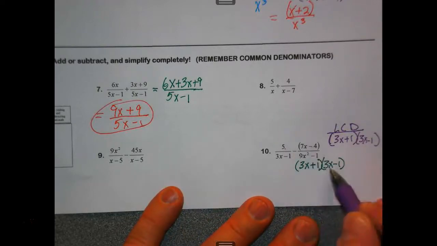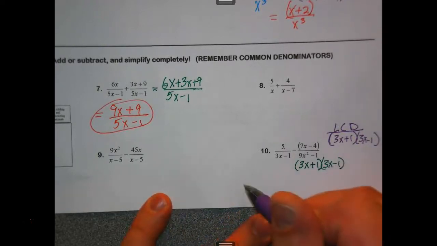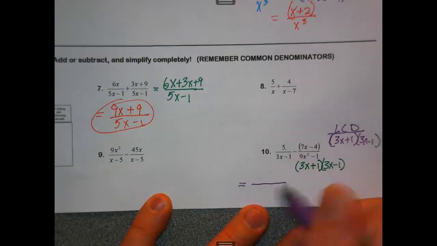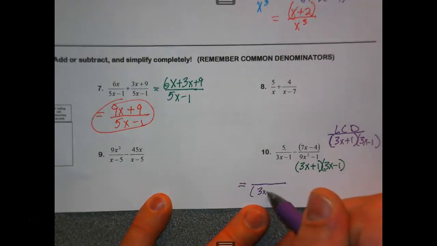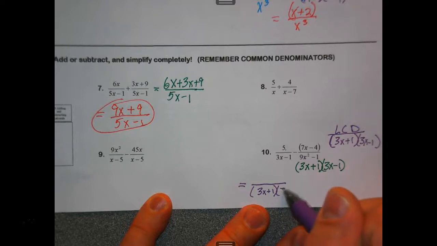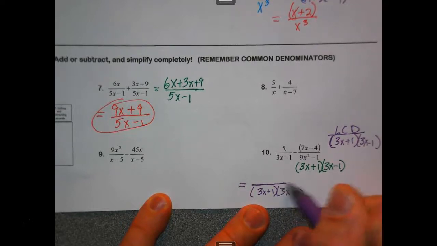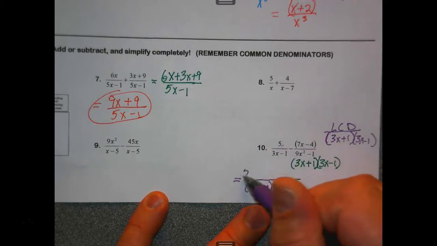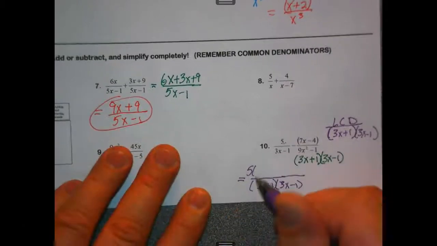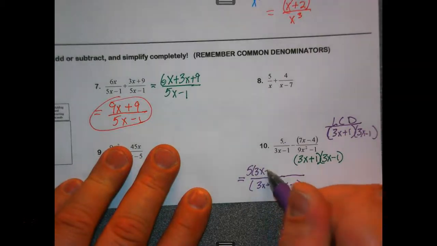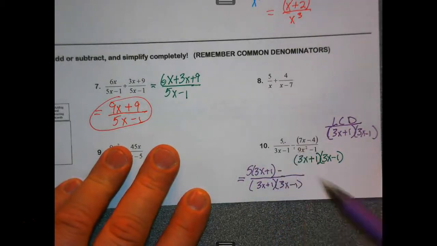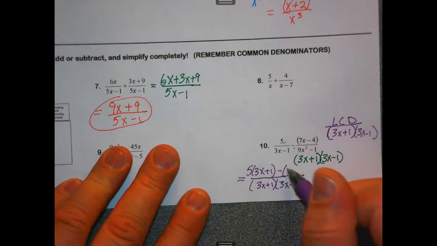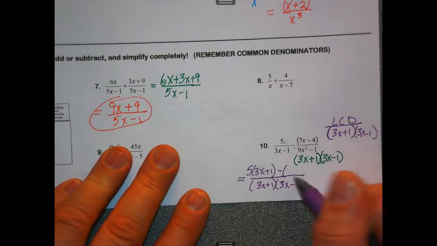Multiply each fraction by the LCD. So 5 times 3x plus 1 minus this one. All of it's going to cancel out, so we're just left with 7x minus 4.